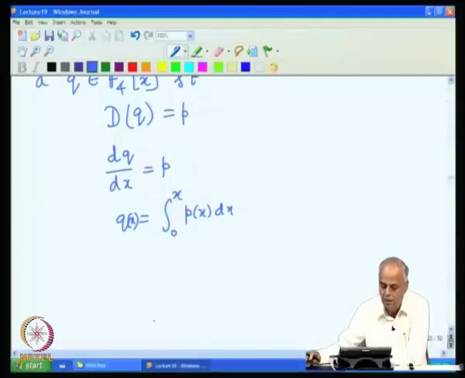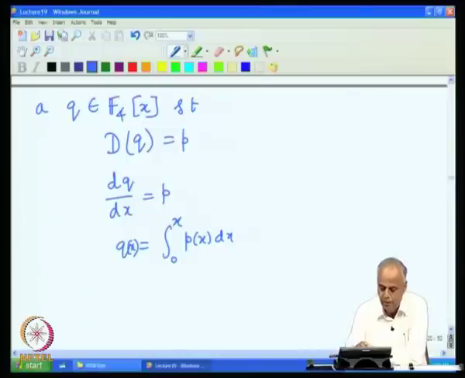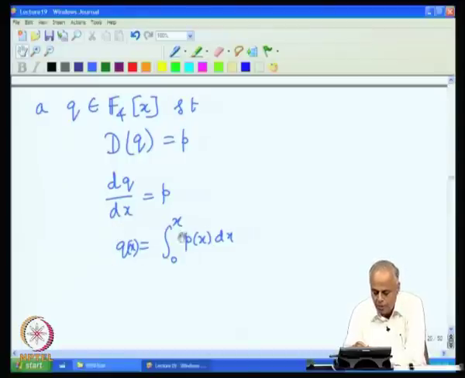But then if you take any polynomial of degree 4, the integral will become a polynomial of degree 5. And therefore, we want q to belong to P4(x). So, in order that q is a polynomial of degree less than or equal to 4, p must be a polynomial of degree less than or equal to 3.